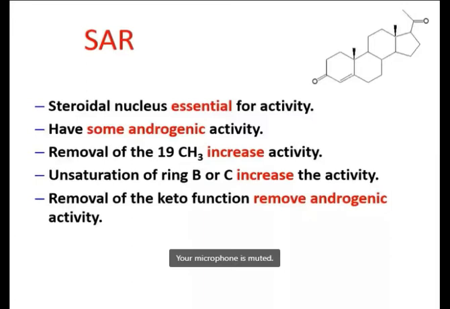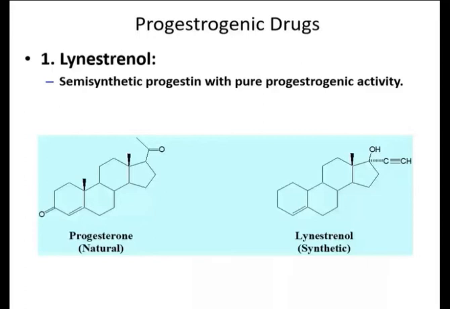Now there is a synthetic drug related with progesterone also. One of the very important drugs that we use frequently is lynestrenol, a semi-synthetic progestin with pure progestogenic activity. Now, if you compare the structure of progesterone, the natural one, and lynestrenol, you can see the difference.